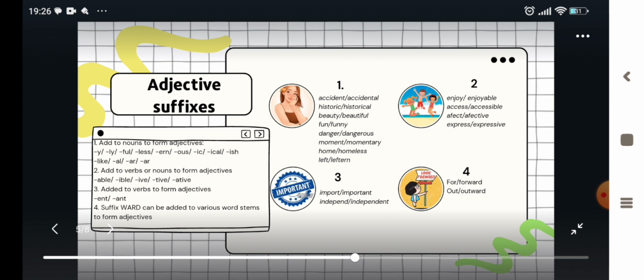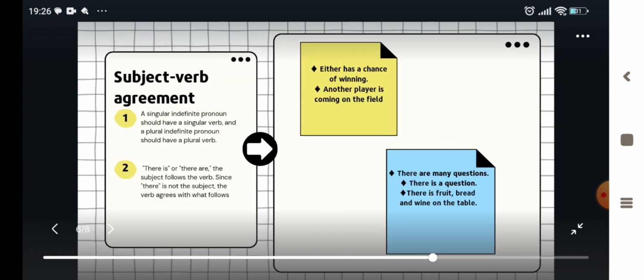Okay, the first, we have singular indefinite pronouns. Some indefinite pronouns are considered singular. A singular indefinite pronoun should have a singular verb, and a plural indefinite pronoun should have a plural verb.